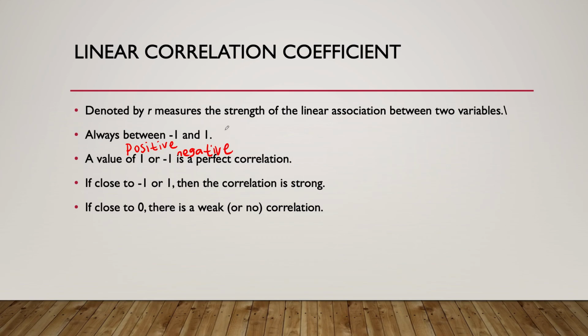If it's close to -1 or +1, then the correlation is strong, again negative and positive. And if it's close to 0, there's a weak or no correlation.